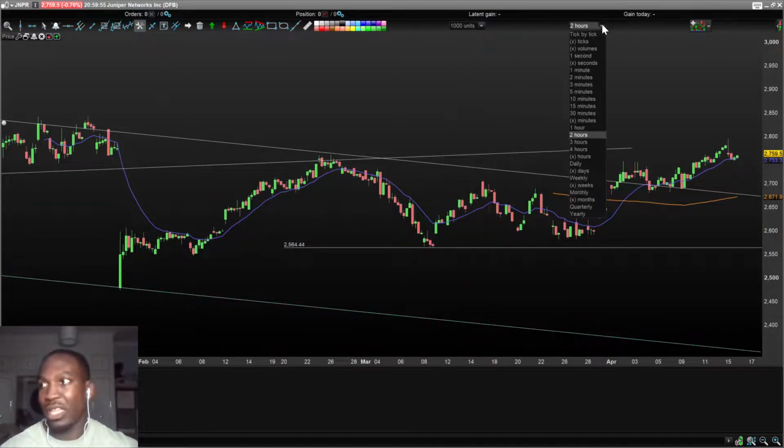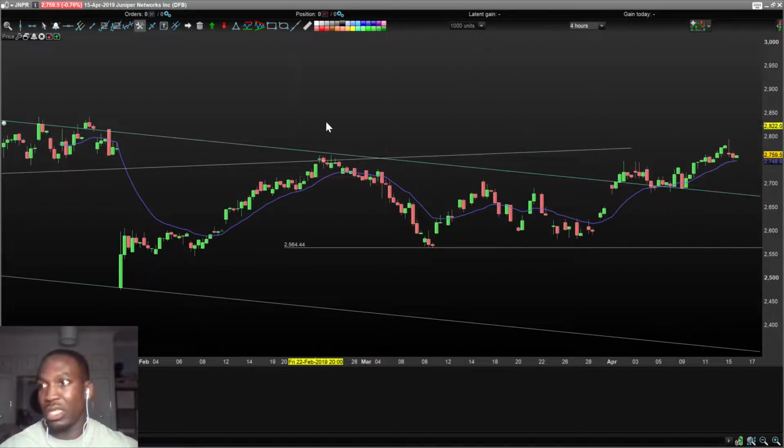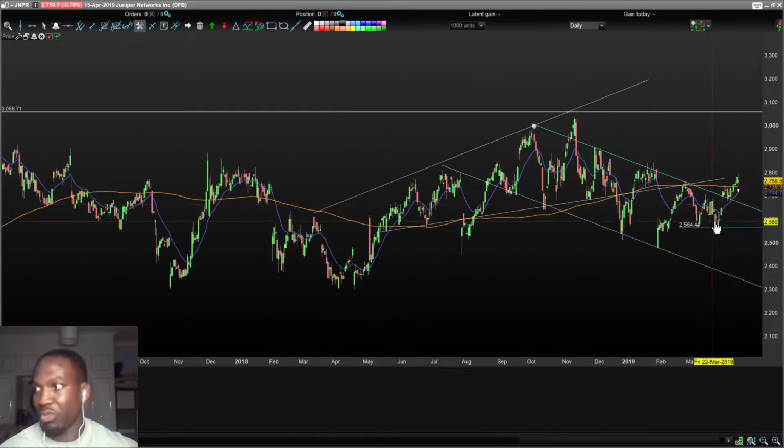The way I analyzed this, I thought it's a descending channel pattern that looks like it wants to break out. When it broke out, I used the descending channel pattern resistance line as the support.